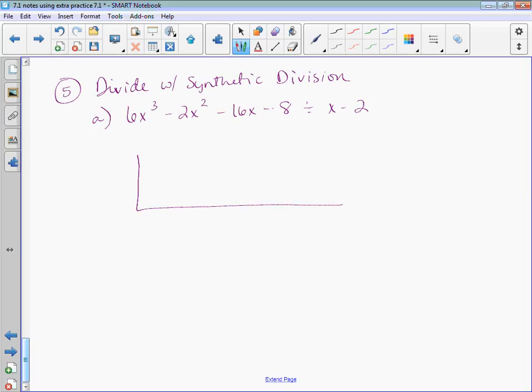All right, your coefficients, so your 6, -2, -16, -8. Those go along there. What goes on the outside? What am I doing my division with? 2. Yes, it's what would make that divisor 0. So a 2 goes out here.